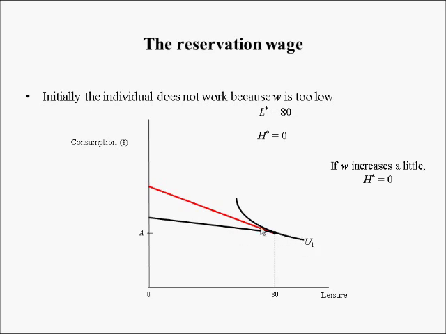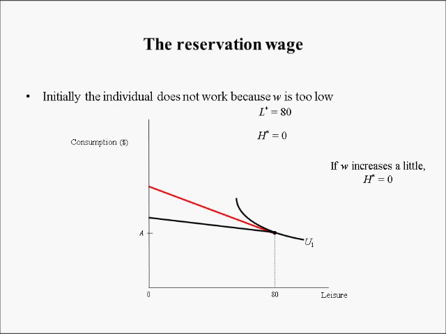So with this red wage, if the wage is equal to the slope of this red line, you can think of it this way, the worker is indifferent between working and not working. In order to get this person to work, you'd have to give them maybe a penny more per hour than the wage on that red budget line.